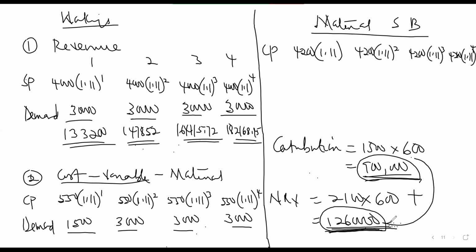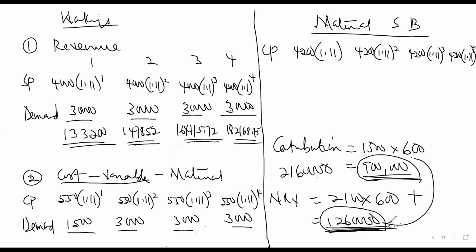Let's add the two and see what we are getting. $2,160,000, isn't it? Okay. But they are saying that all revenue and costs are in current terms. So this one you have to increase it.